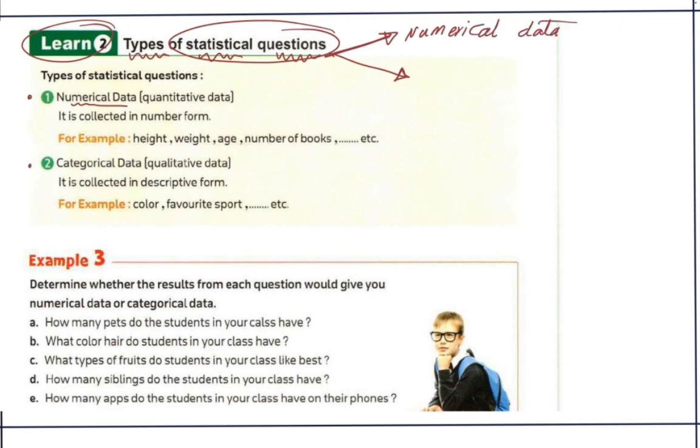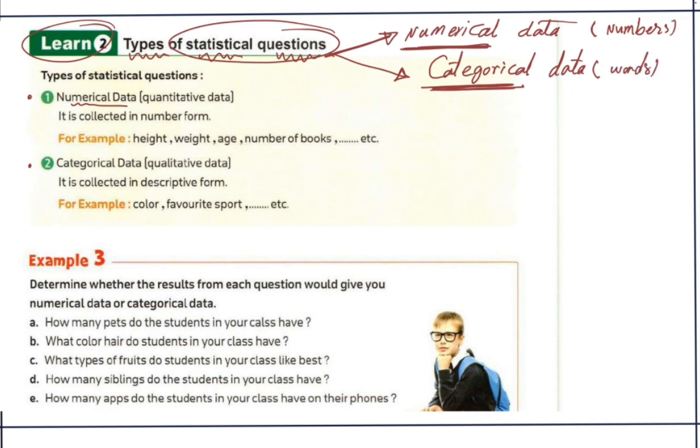And the other one is categorical data. What is the difference between numerical data and categorical data? Numerical, from its name, is just numbers. The answers are numbers. But for categorical, the answer may be a color or favorite sport or subject and so on. It's words.